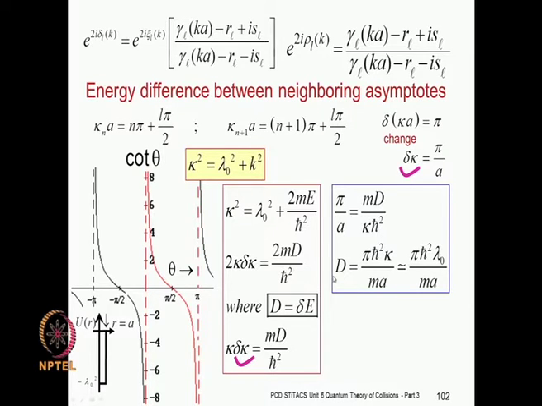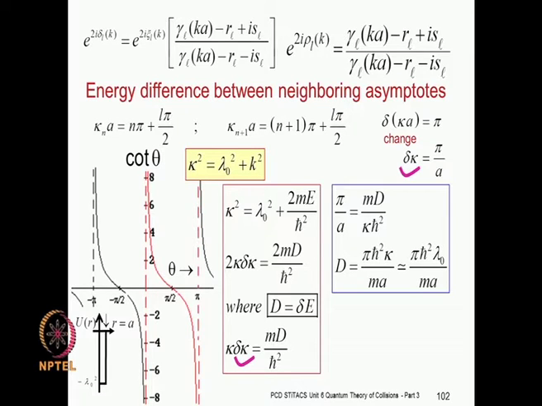Now, what is d? D is the energy difference between two adjacent resonances. So, the two adjacent resonances will occur at this energy, which we have now found to be given by pi h cross square over m a, and it will then be related to the size of the potential.